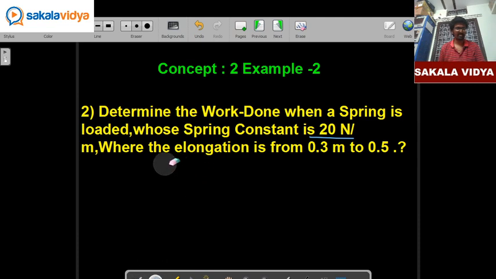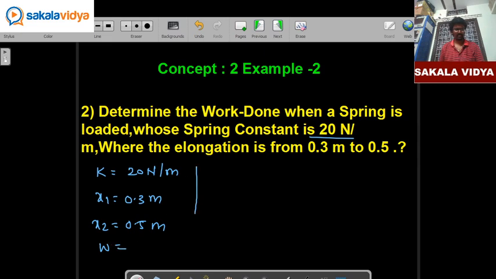So what is given here? A spring constant is given. So k is equal to 20 Newton per meter. The first extension, that is x1, is equal to 0.3 meters. Second extension is 0.5 meters. So what you have to calculate? Work done. So what is the formula for work done? Work done is equal to half into k into x2 square minus x1 square.